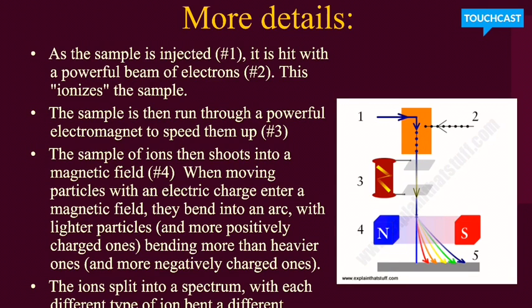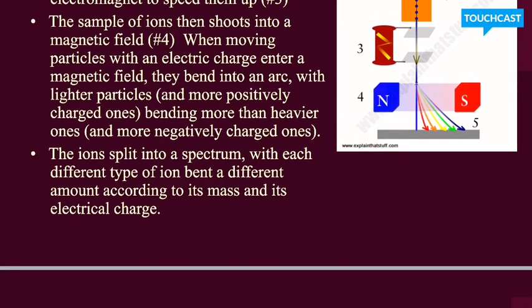And remember, charged particles in a magnetic field, they're going to bend into an arc. The lighter particles and the ones that have a more positive charge, they're going to bend more. And the heavier ones, or the ones that are more negatively charged, they're going to bend a little less. The ions split into a spectrum, which is then printed out on a computer.